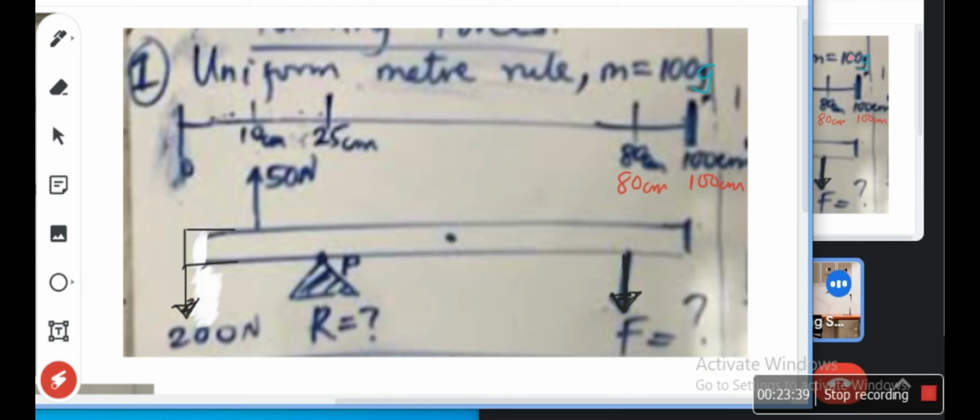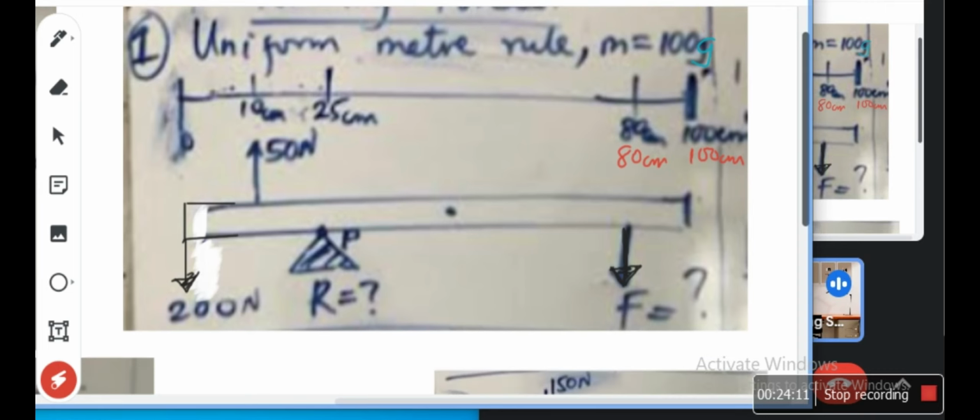What's the mass of this ruler, by the way? I'm circling it. Make sure you're looking at the screen so that you can respond immediately. What's the mass of this ruler? The mass is 100 grams. If the mass is 100 grams, what's the weight?